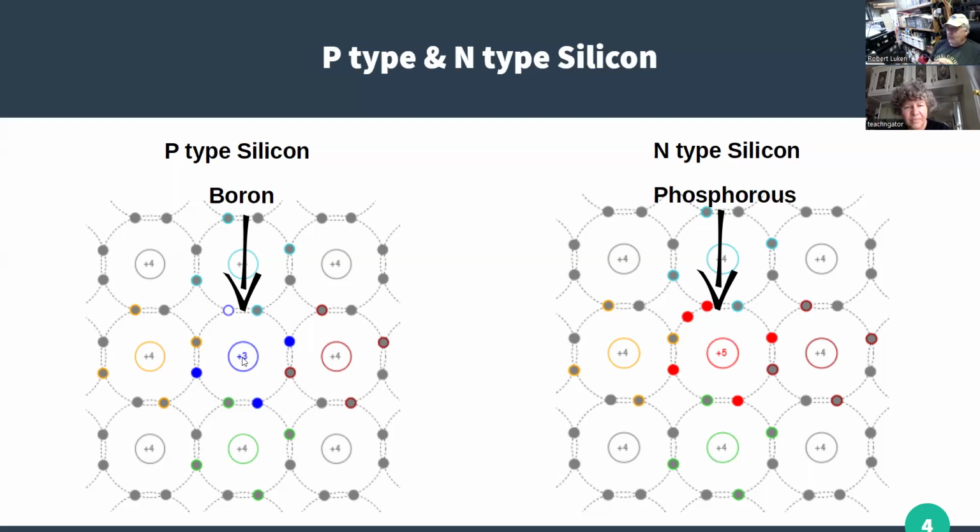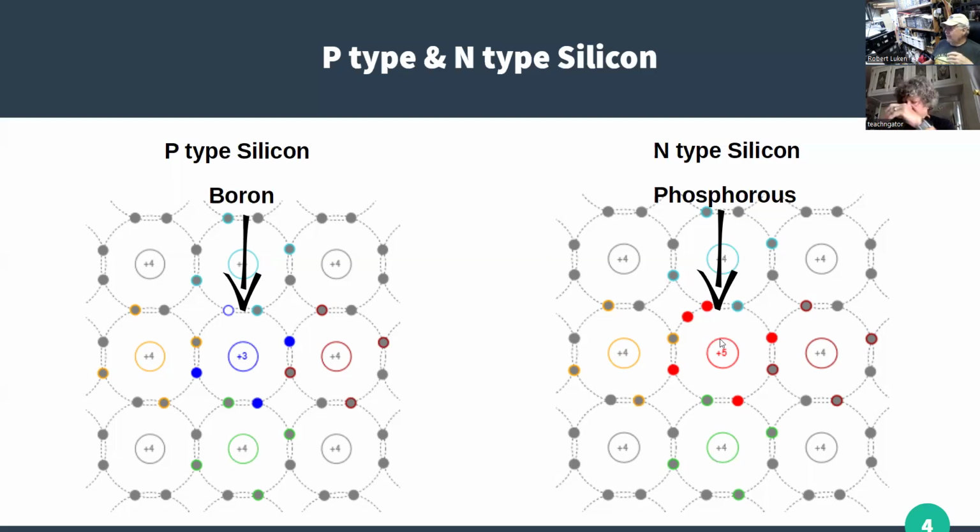So when they're in that crystalline structure, you wind up with a hole because there's no 4th electron. Right. So since it's missing an electron, it has a net positive charge.